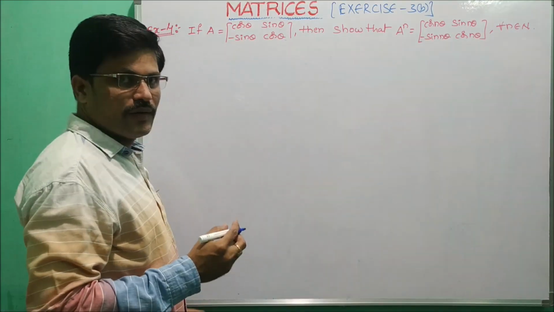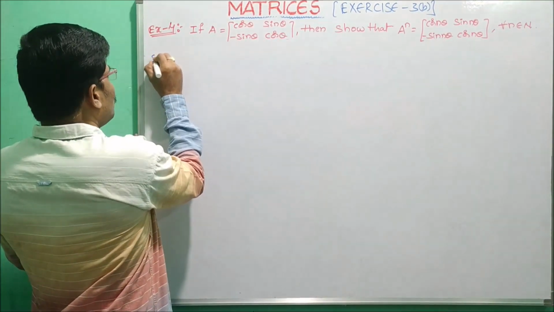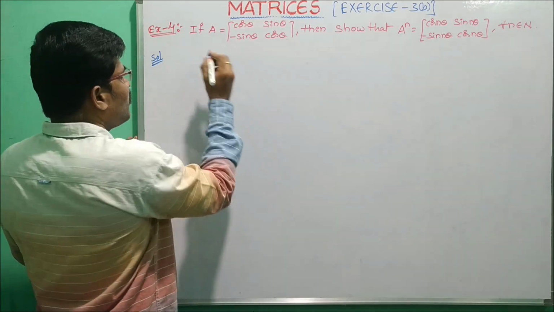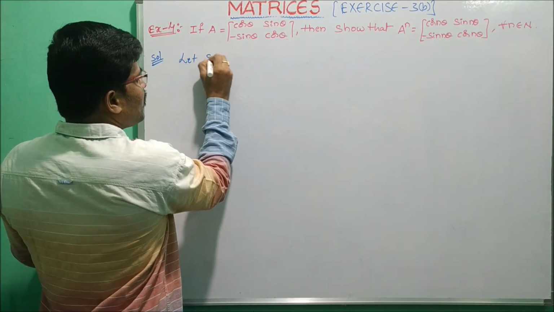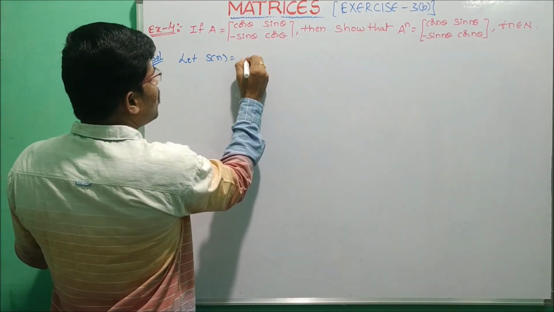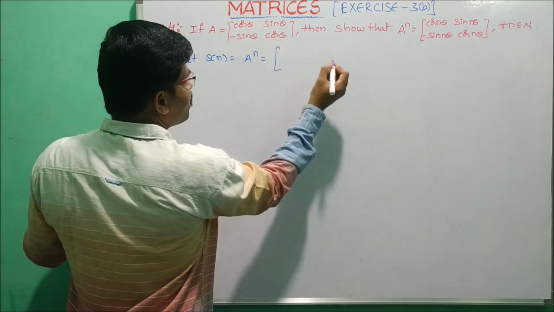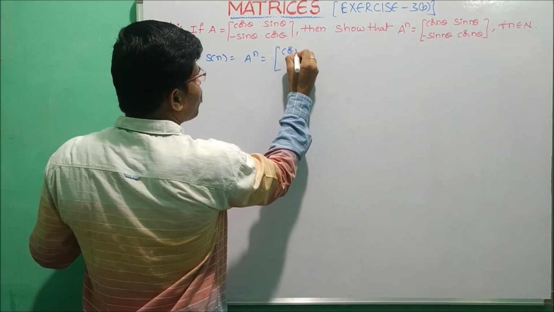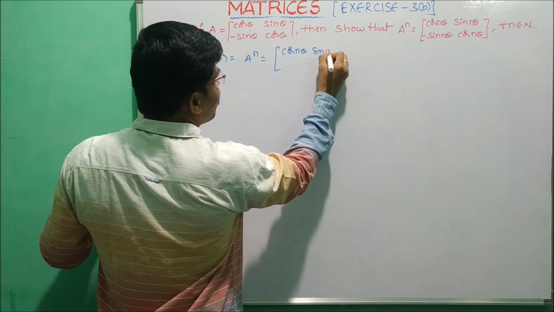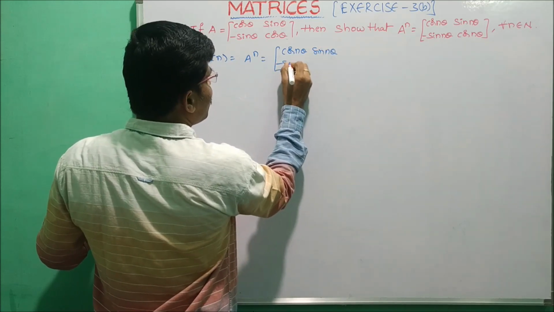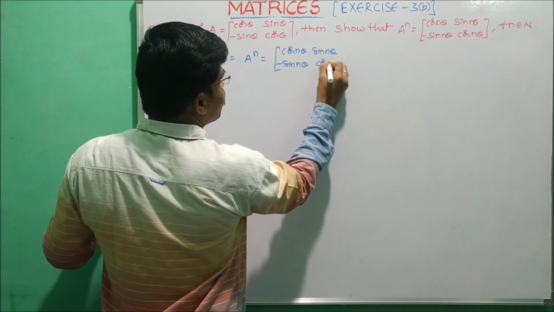So our solution is: first, let S of n equals A power n, which equals the given matrix cos n theta, sin n theta, minus sin n theta, cos n theta.